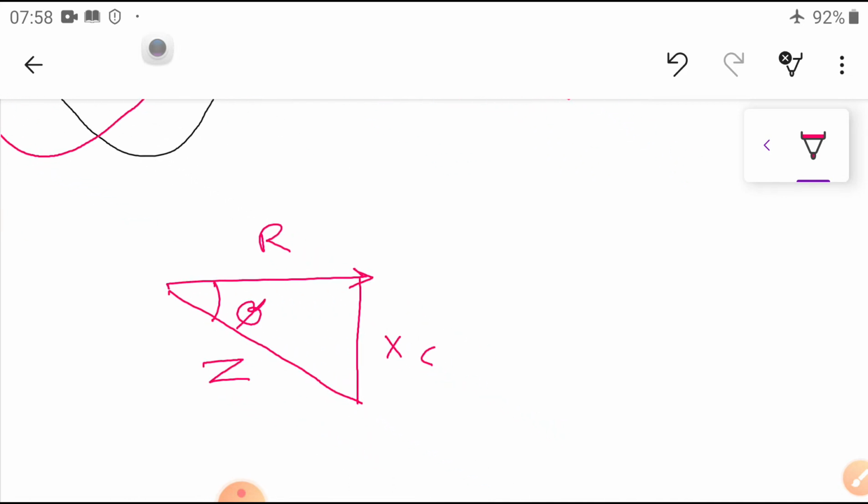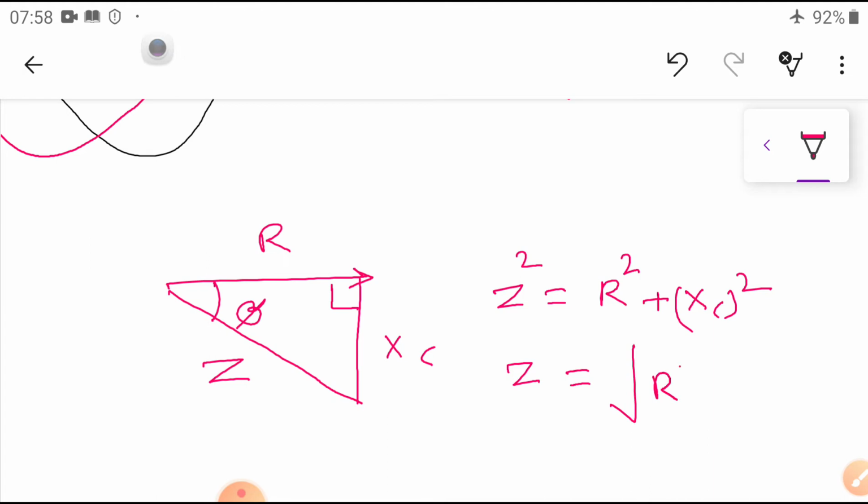Now I want to know the Z value. So Z square is equal to R square plus XC square as per Pythagoras. This is 90 degrees. So Z is equal to under root of R square plus XC square.